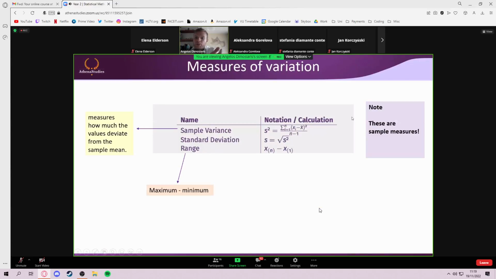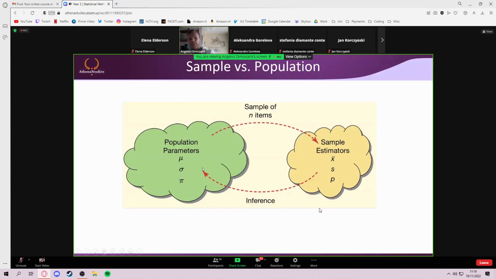Now, we talked before that all the things that we discussed so far are sample measures. So they are the measures that have to do with our sample. And this is what we try to do here, right? We have a population, we take a sample of n items, of n participants. Why? Because we cannot take all the members of the population.